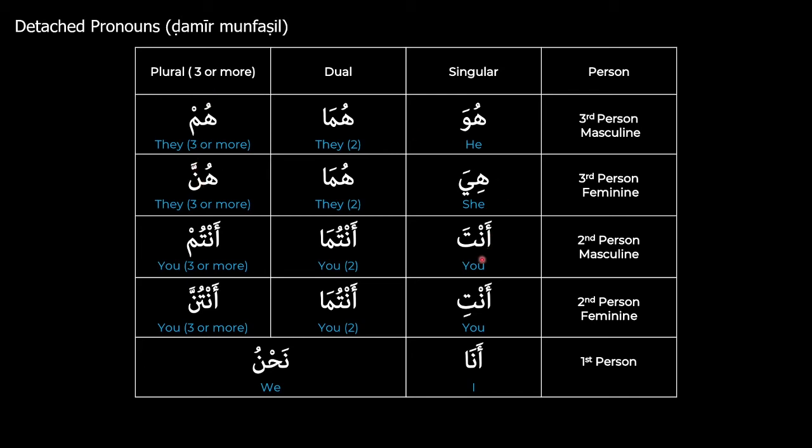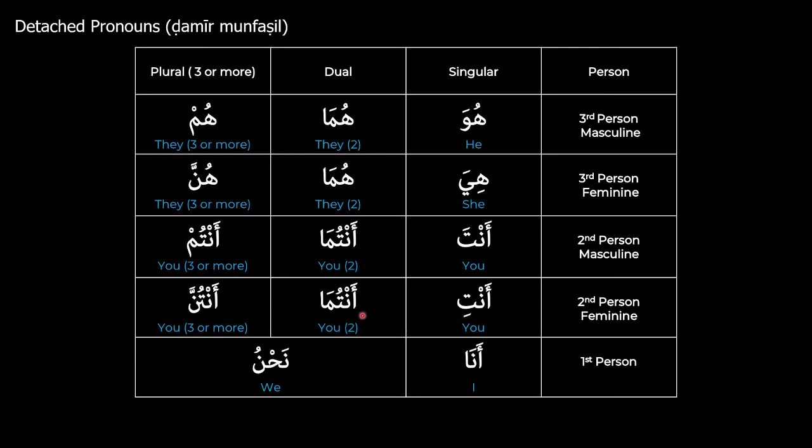And then we have anta, which is second person masculine singular, which means you, and then you have antuma, which is second person masculine dual when you're referring to two people, and then you have antum, which is second person masculine plural when you're referring to three or more people. And then you have anti, which is second person feminine singular, which means you.